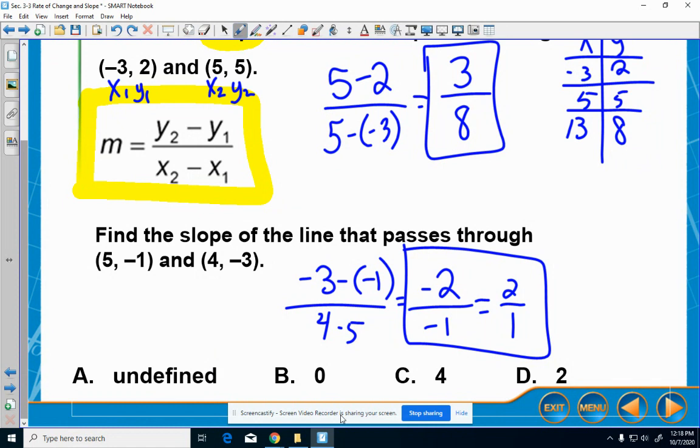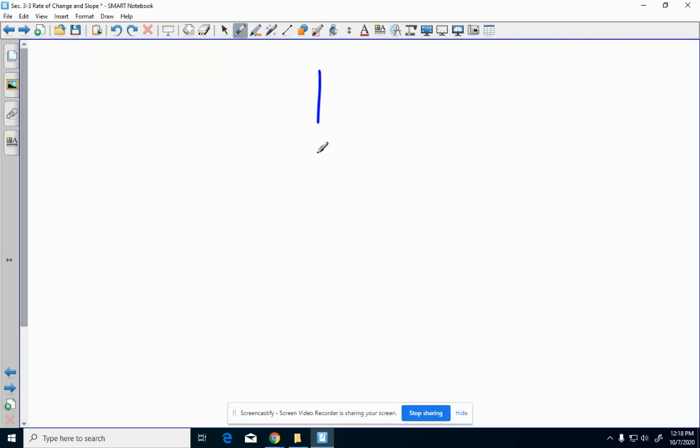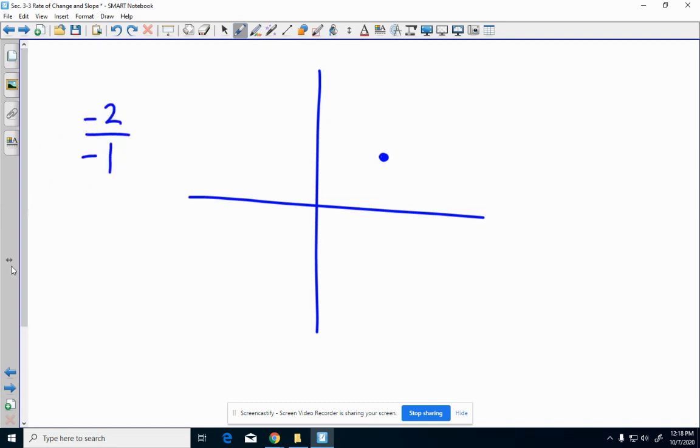True. Think about that graphically for a second. If I just took some random point, let's say I was right there, and I was told to go down -2 over -1. We've all heard the phrase rise over run, right? What does rising a -2 units actually mean?